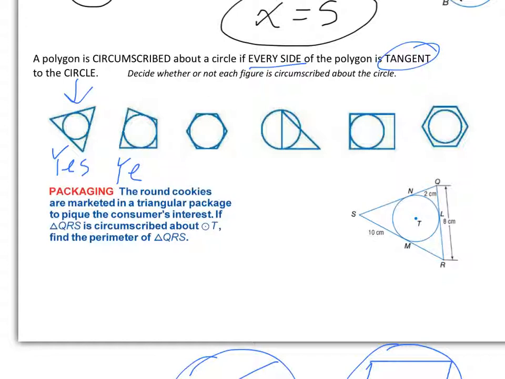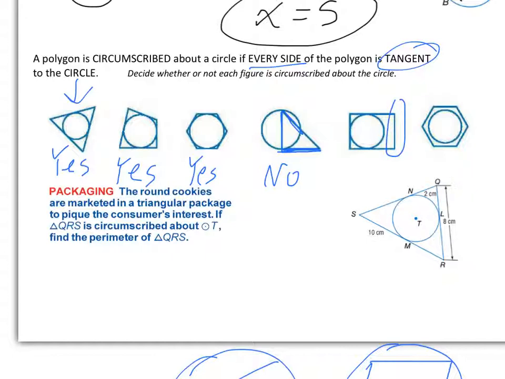Another example. The next one, yes, every side is. Notice this one. The only side that it does intersect at one point looks to be this one. Other than that, we have 2 points here, 2 points here, so that would be no. That is not an example of a polygon that is circumscribed.